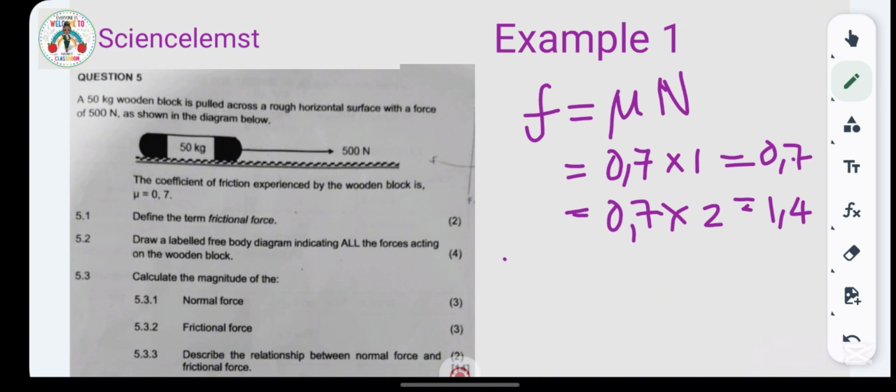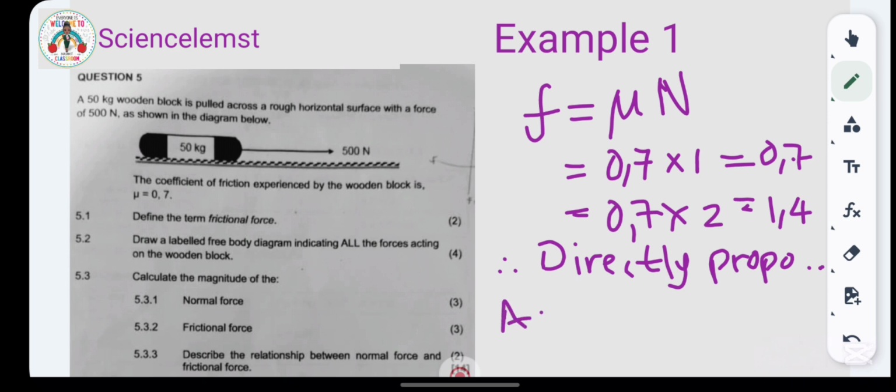That means the relationship between them is what? The relationship is directly proportional. Simply meaning what? As normal force increases, frictional force also does what? Does increase.